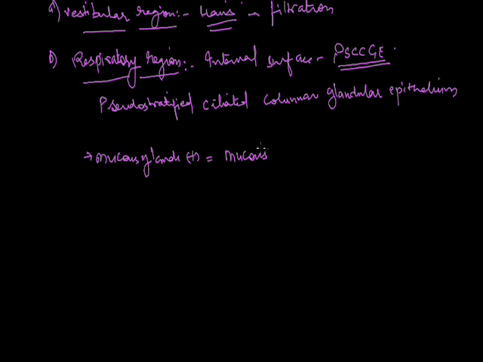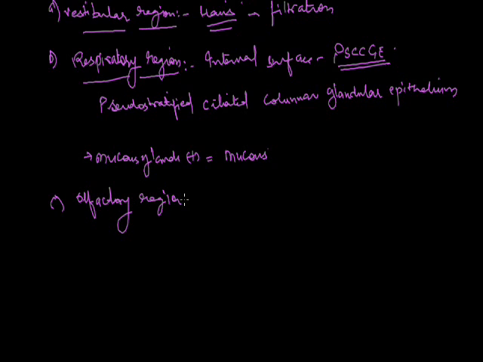And because of the mucus, the internal area of the nose becomes soft, and we don't feel dryness inside the nose. The third part which is present in the nasal cavity is the olfactory region.